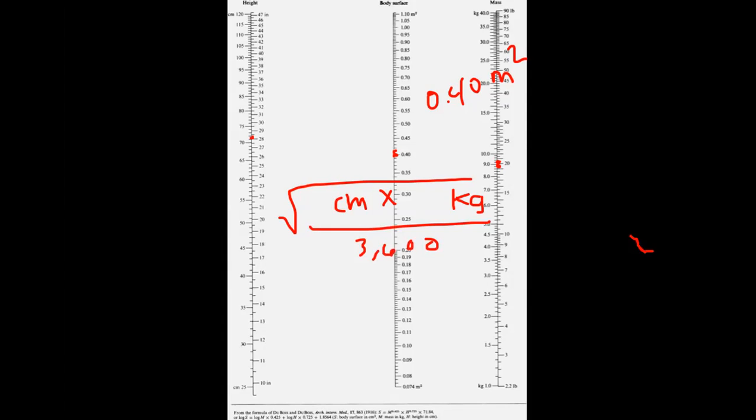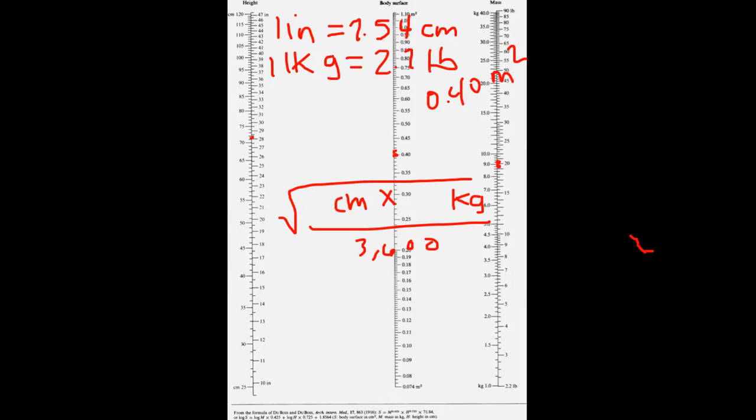So let's see. 1 inch is equal to 2.54 centimeters. And we also know that 1 kilogram is equal to 2.2 pounds.